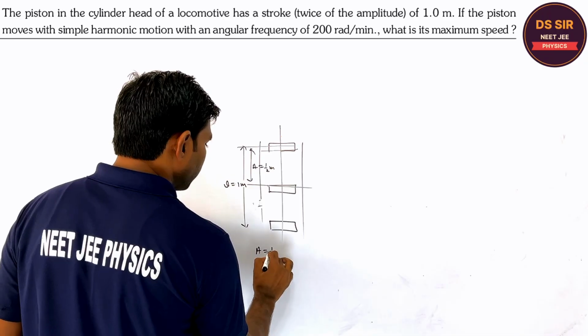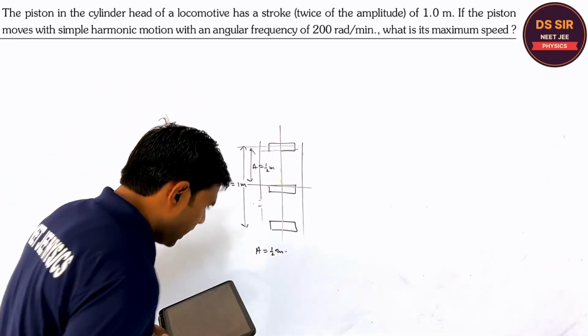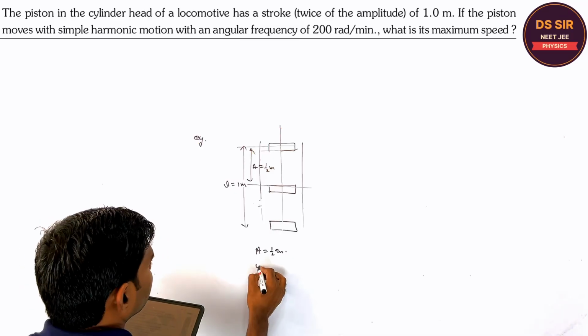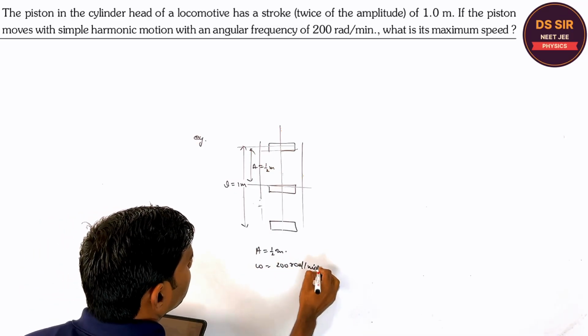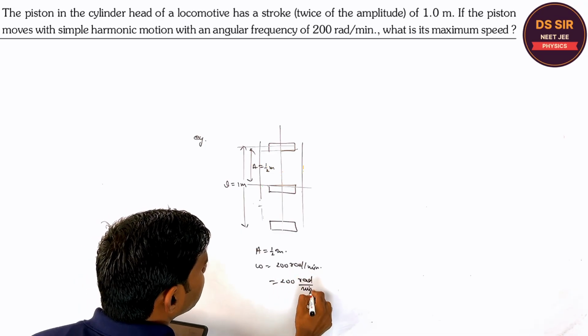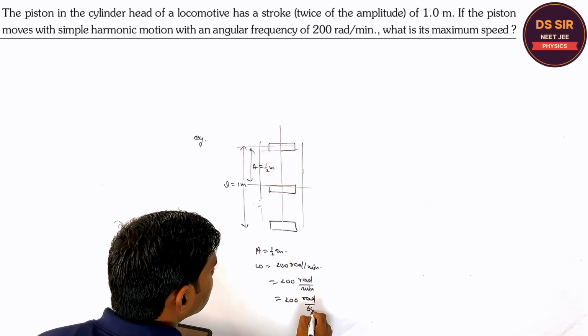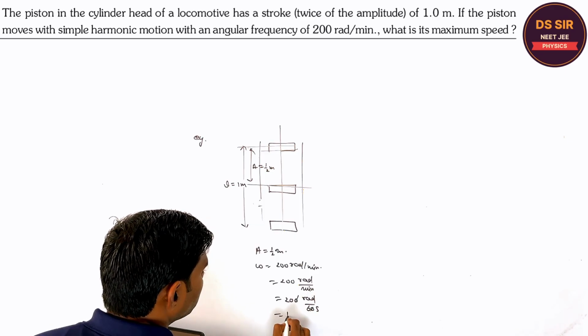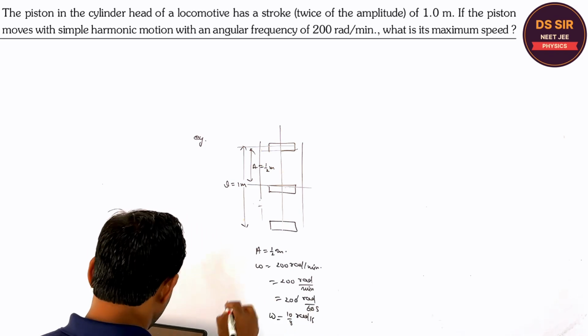So amplitude is 1/2 meter, and the angular frequency is given as 200 radian per minute. That is 200 radian per 60 seconds, so 10/3 radian per second is the angular velocity.